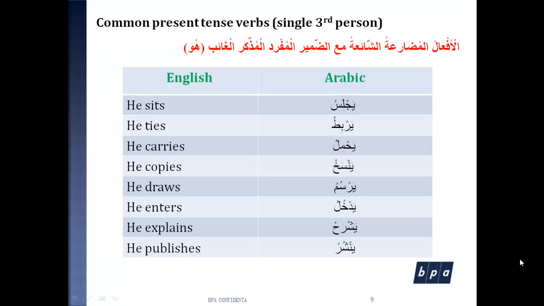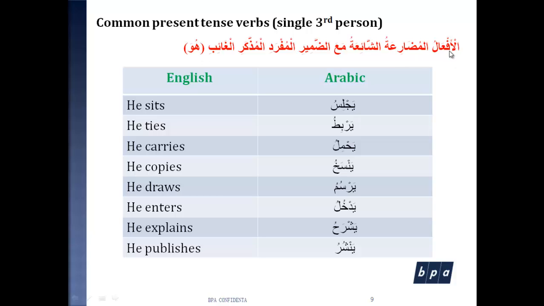Now let's discuss the common present tense verbs in the single third person, again as we did in lesson 5. الأفعال المضارعة الشائعة مع الضمير المفرد المذكر الغائب هو.